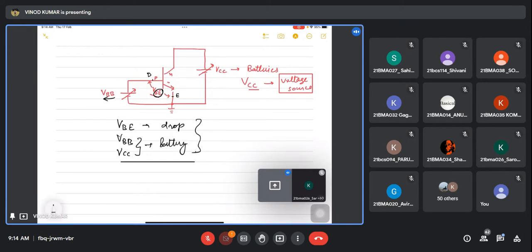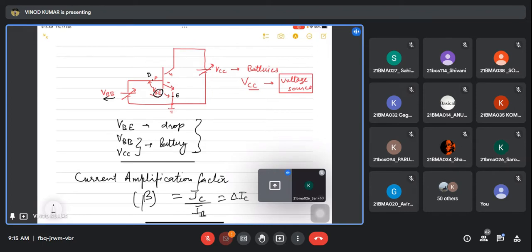This is what we are doing, and here the current amplification factor is beta. Beta is equal to IC by IB, or we can also say it is delta IC by delta IB.